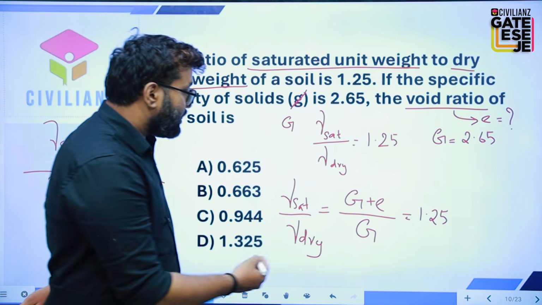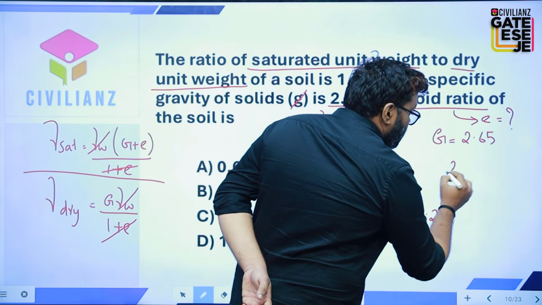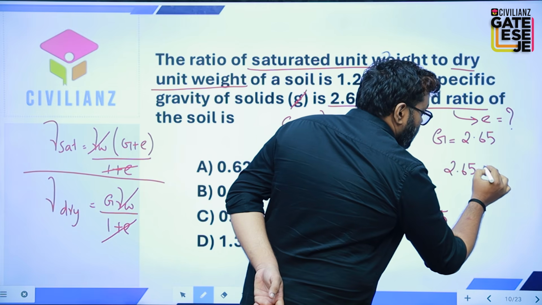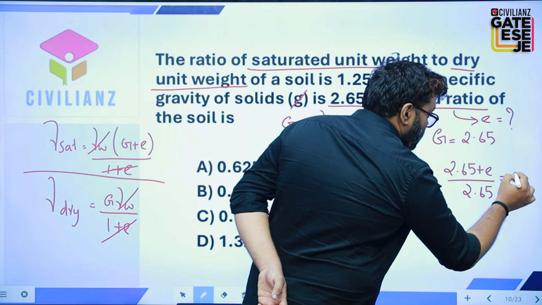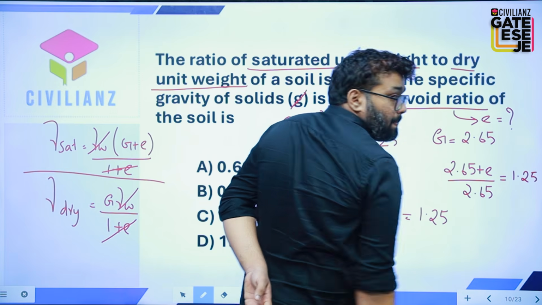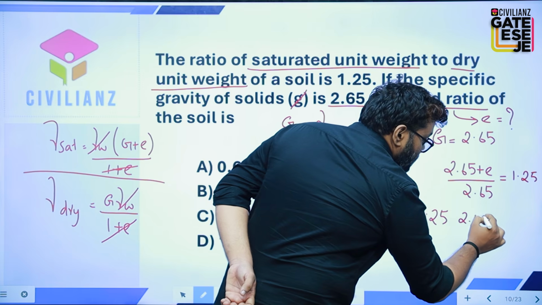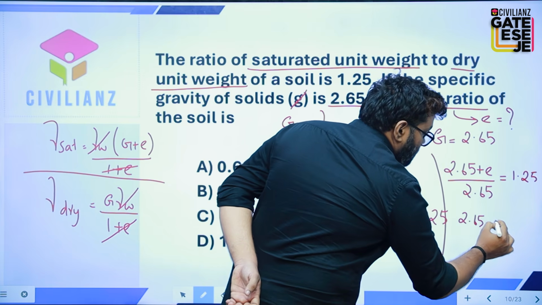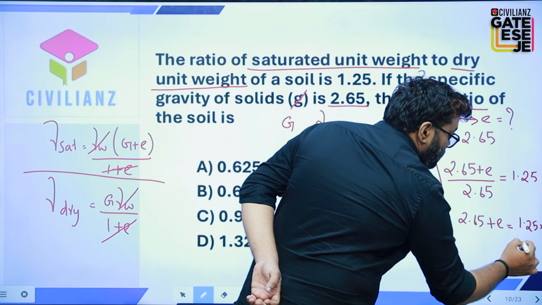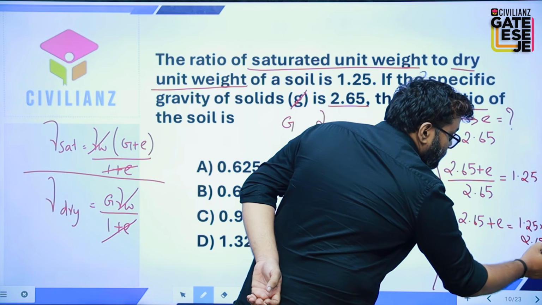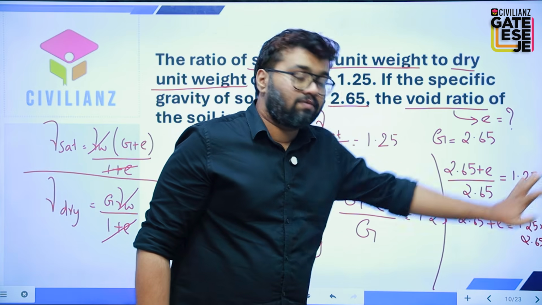Okay, so we can write, the value of G is given here as 2.65. So (2.65 plus e) divided by 2.65 is equal to 1.25. We can just cross multiply. We'll get 2.65 plus e is equal to 1.25 into 2.65. So we can put this 2.65 on the other side.